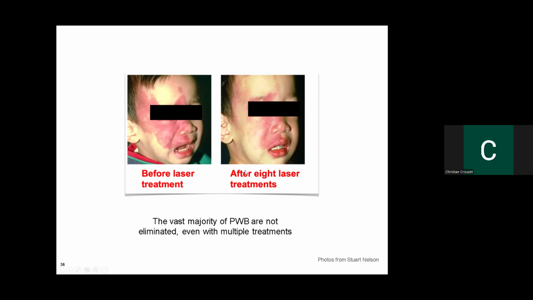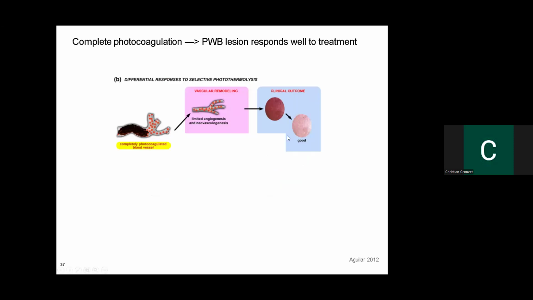Why is complete lightening not occurring? If you have complete shutdown of the vessel, you can have a good clinical outcome, which is that lightening of the skin. You completely shut down the vessel, you have limited angiogenesis, and you have good skin lightening.